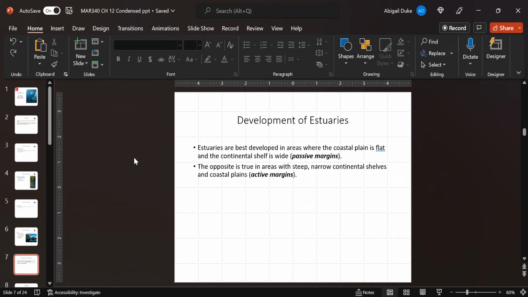Development of estuaries. Estuaries are best developed in areas where the coastal plain is flat and the continental shelf is wide, which is passive margin. The opposite is true in areas with steep, narrow continental shelves and coastal plain, which is active margins. Let me see if I can explain that better.